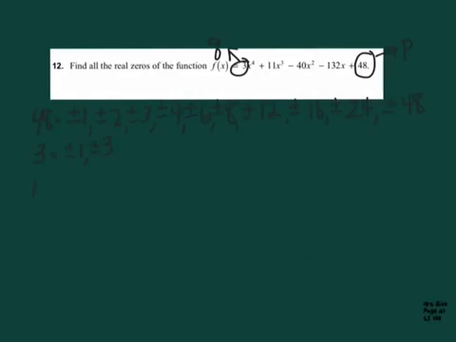So now I'm going to go through and do my p divided by q. I'm going to make all my list of possible zeros. So I'm going to look at this and say, okay, positive or negative 1 divided by positive or negative 1 is going to be positive or negative 1. Then I'll go through and do positive or negative 2 divided by positive negative 1, positive negative 3 divided by positive negative 1.